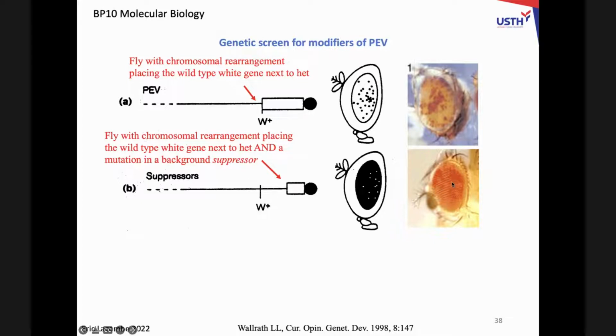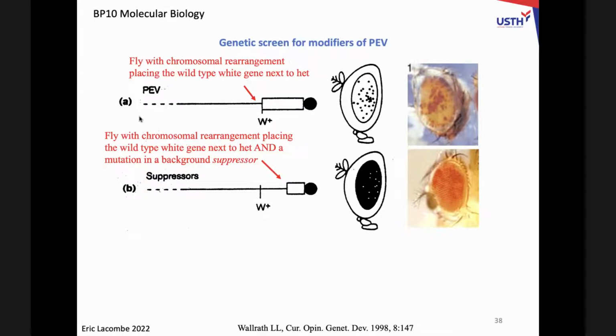So it means that in this fly that has red eyes, the wild type W plus locus was no longer in heterochromatin as it was before. Because the place of W plus in the genome didn't change, it is the heterochromatin place that changed. You understand?